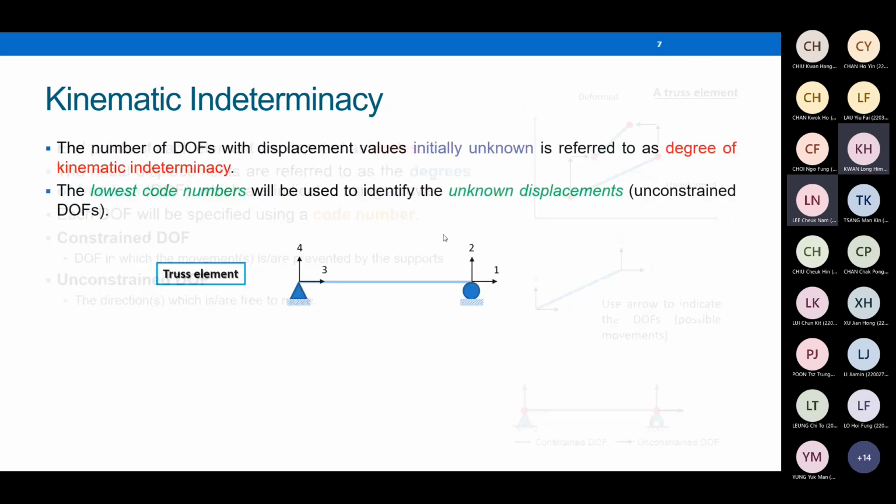But if you want to follow the textbook suggestions, the textbook suggests you assign the lowest code number starting from the position with unknown displacement first. Try to assign code number starting from the position with unknown displacement. So according to our previous discussion, for this simply supported member, the horizontal direction on the right is unknown displacement.